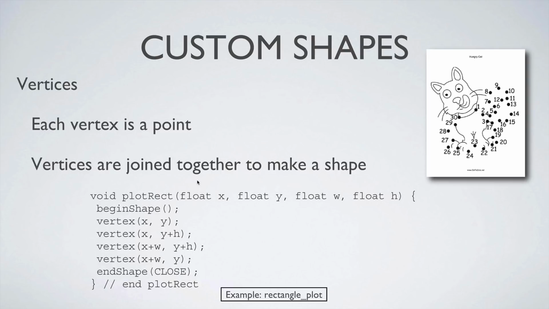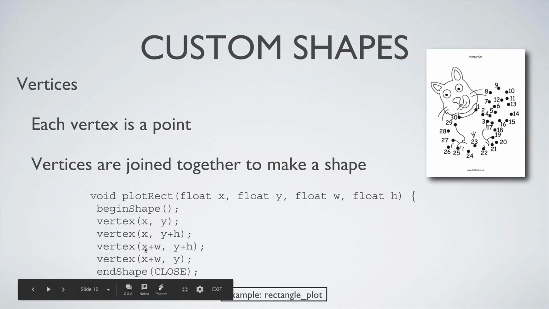But at the end of the shape, you need to say endShape. So this little function here says beginShape, vertex(x, y), vertex(x, y + h), where h is the height, vertex(x + w, y + h), vertex(x + w, y), and then we're done. And we go back to the first vertex.